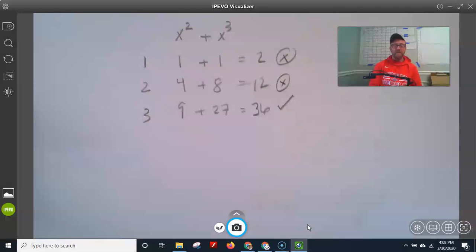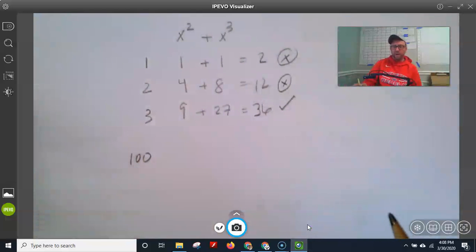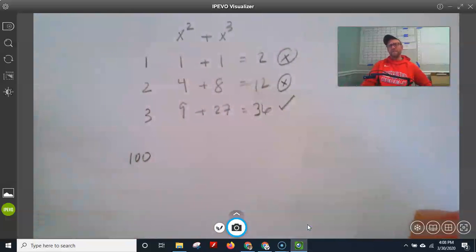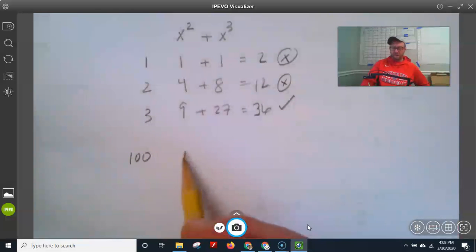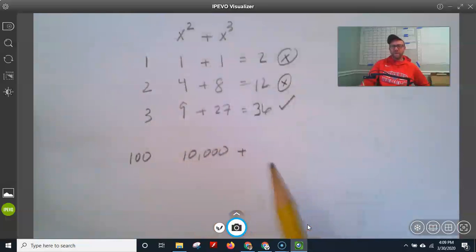Alternatively, if I wanted to go all the way down to 100, 100 squared, oh my goodness, 100 squared is 10,000. And 100 cubed is 1,000,000, right? 10,000 times another 100 would be 100,000, 1,000,000.